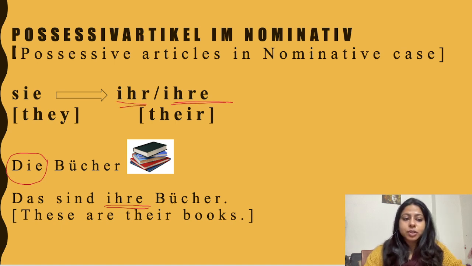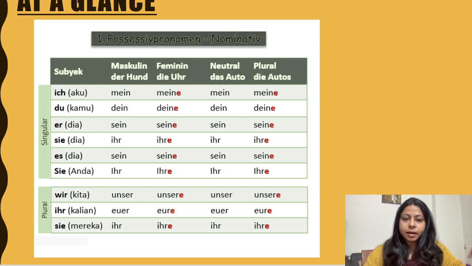So, let's quickly have a glance at it. How would it actually be? Now, let's see, with ich, it would be mein: masculine is mein, feminine is meine, Neutrum is mein, and plural is meine.